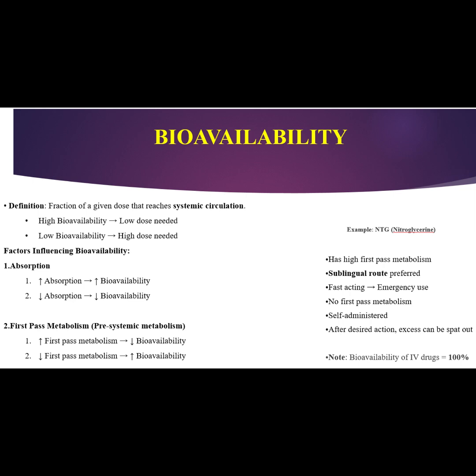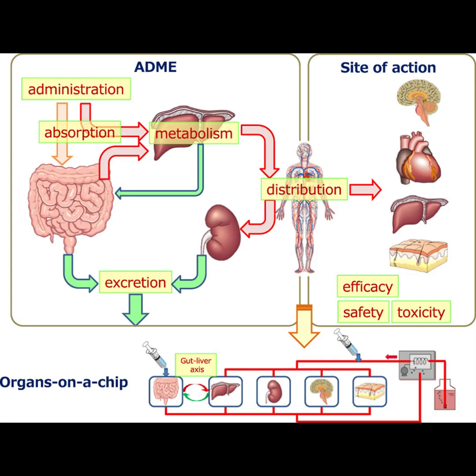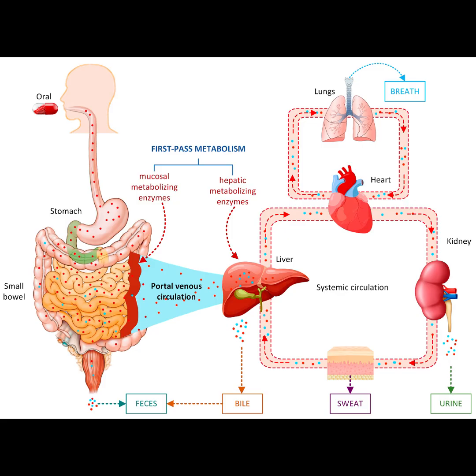The other factor that affects bioavailability is first pass metabolism, also called pre-systemic metabolism. The drug absorbed via the GI tract goes to the liver before entering the circulation. If the liver metabolizes too much, that will decrease the bioavailability of a drug. For example, let's take nitroglycerin.